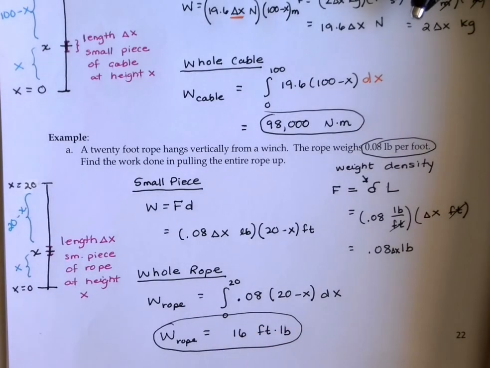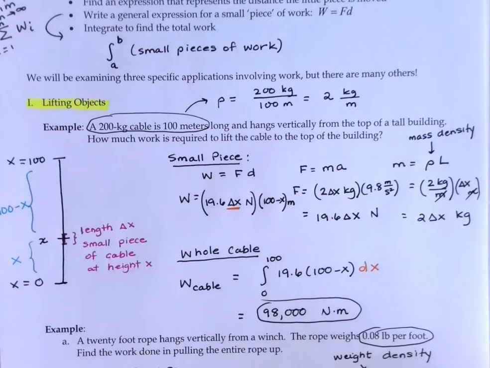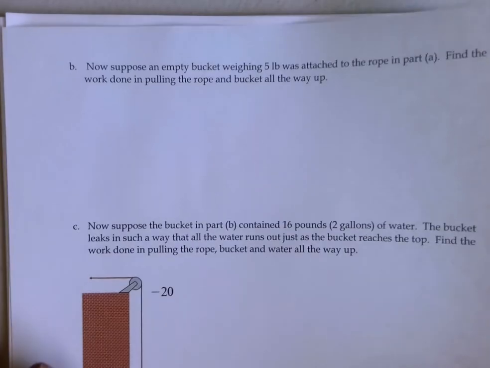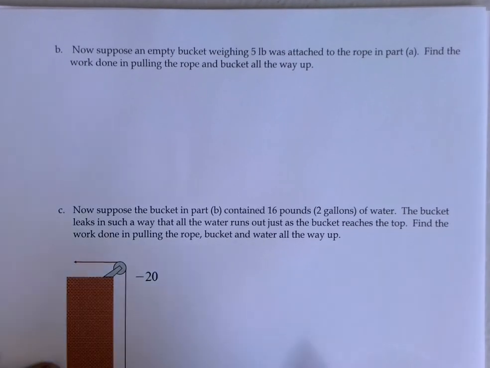All right, we're going to continue. This is just part A of this example. We're going to continue and do a bit more with the same situation. Let's now imagine that on this rope, we've attached an empty bucket weighing 5 pounds.